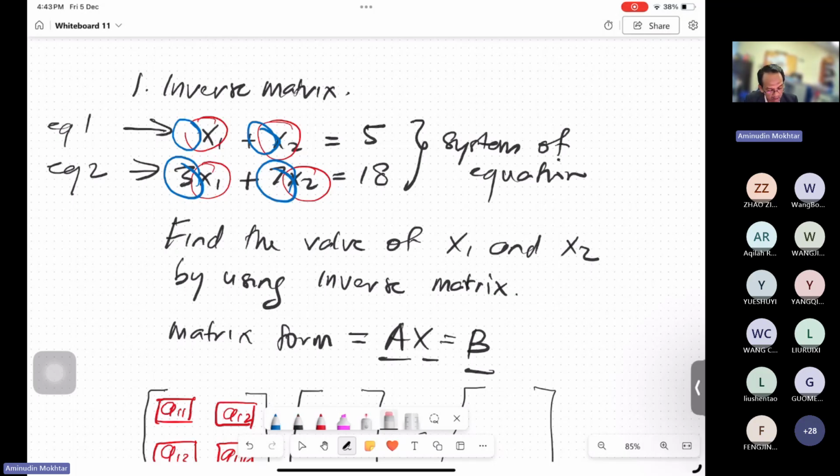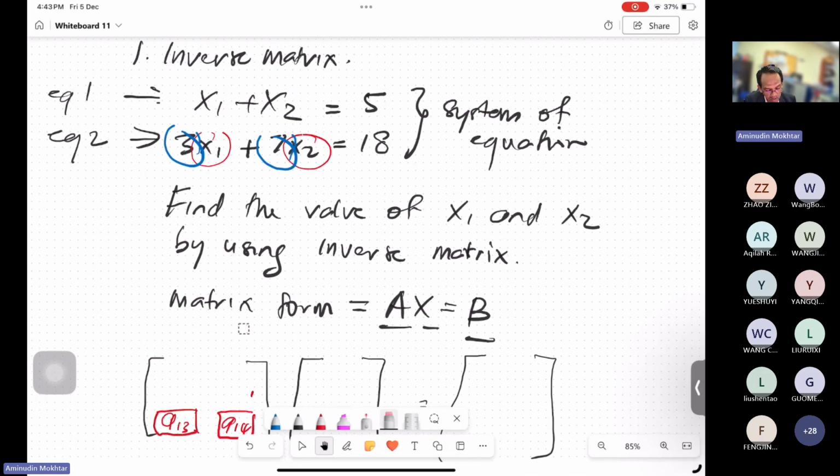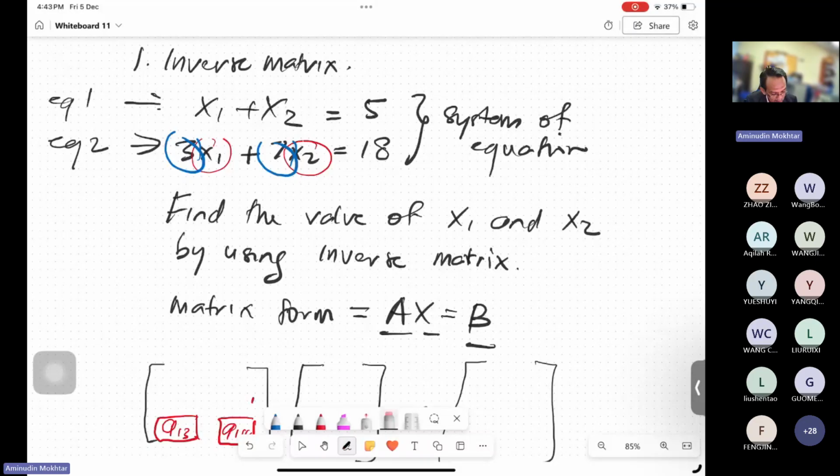Okay, I'll write it again. There's a typing error here, I just want to correct this.